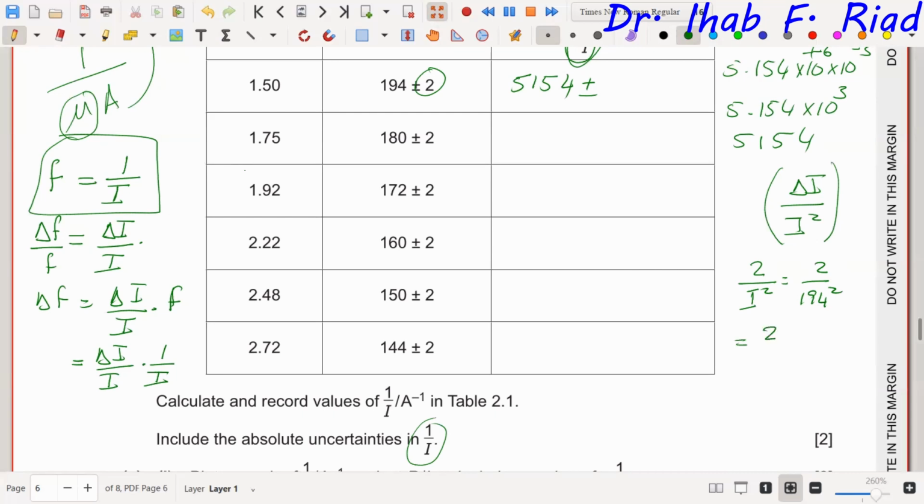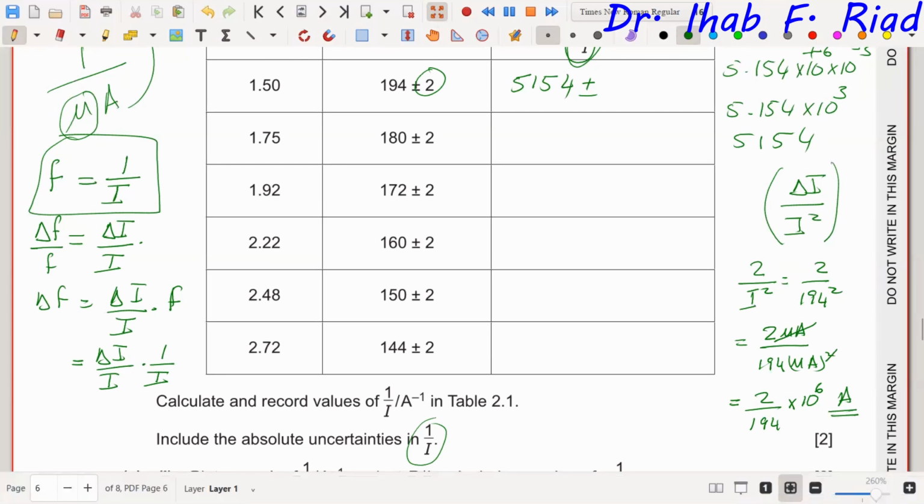So this is going to be microamp divided by 194 microamp squared. One microamp goes with a microamp, so we are left with amps to make the units compatible.